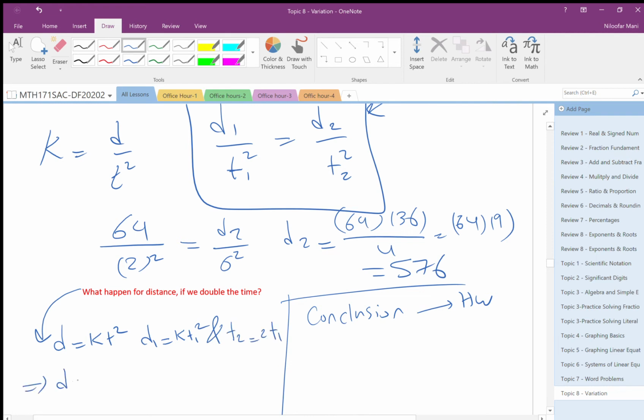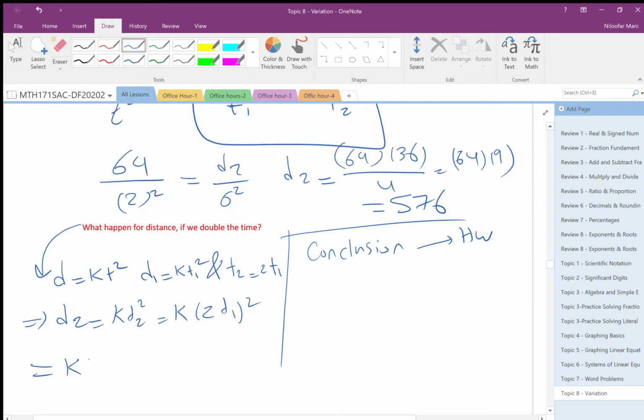So d2 is kt2 squared, which is k(2t1) squared, which is k times 4 t1 squared.